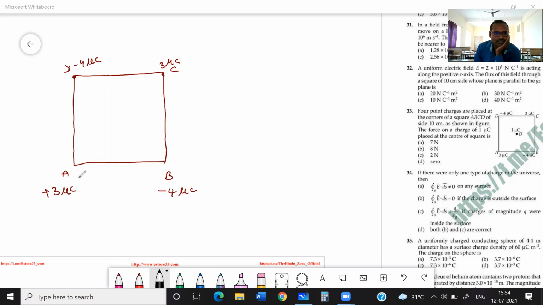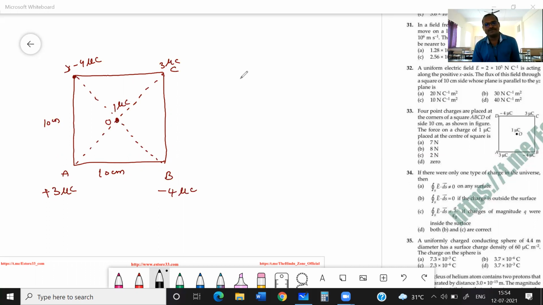Now each side is of 10 centimeter, all sides. Now, exactly at the center of this square, they have placed a charge that is 1 microcoulomb. What is the force acting on it?